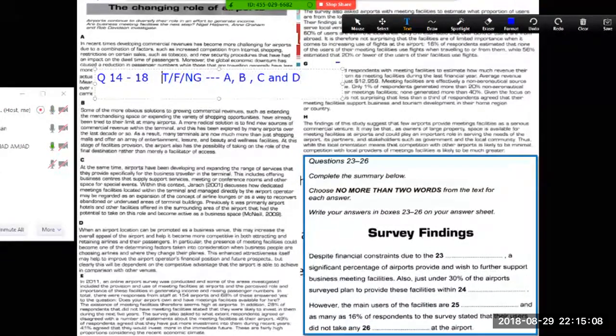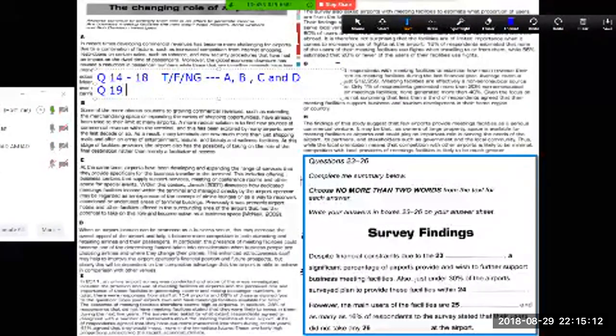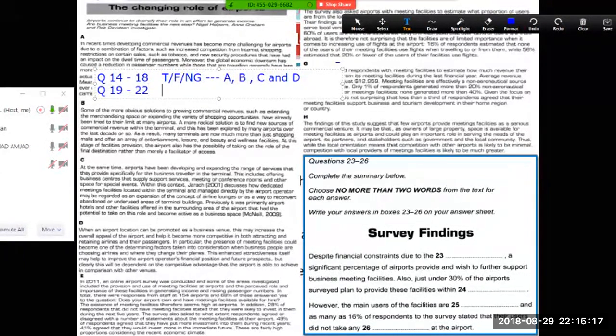Then there would be another set of questions, let's say question number 19 to question number 22, and that is, let's say, sentence completion questions.